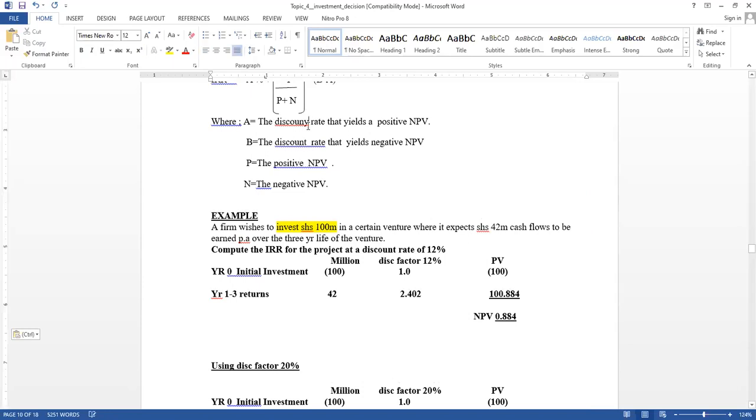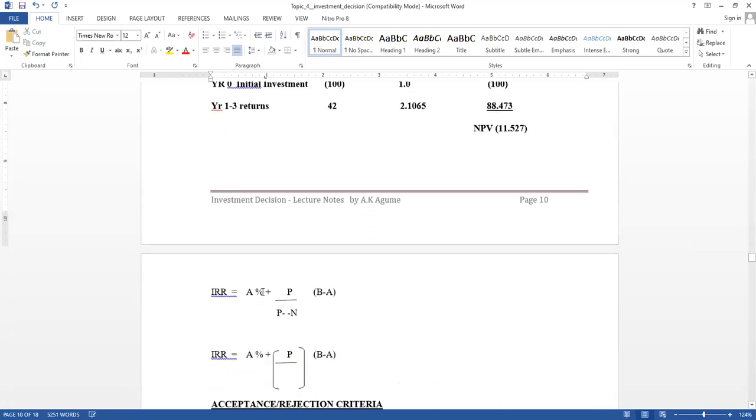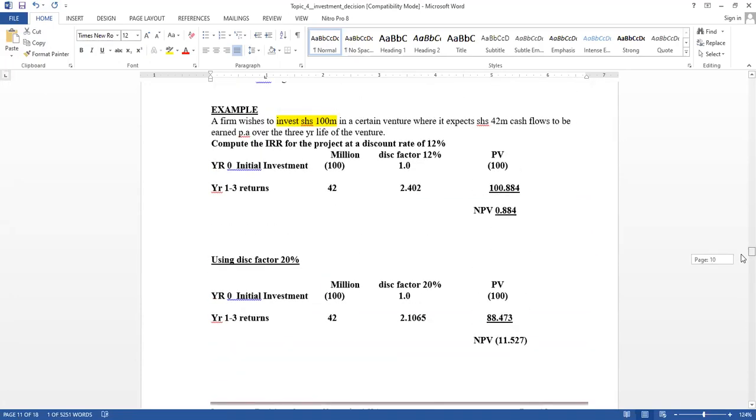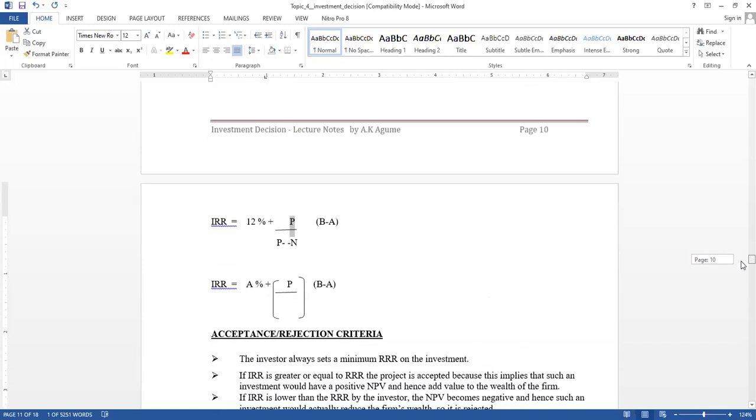The discount rate that yields a positive NPV, and that is 12%. So this is 12%. Then P is that positive NPV. The positive NPV was 0.884.